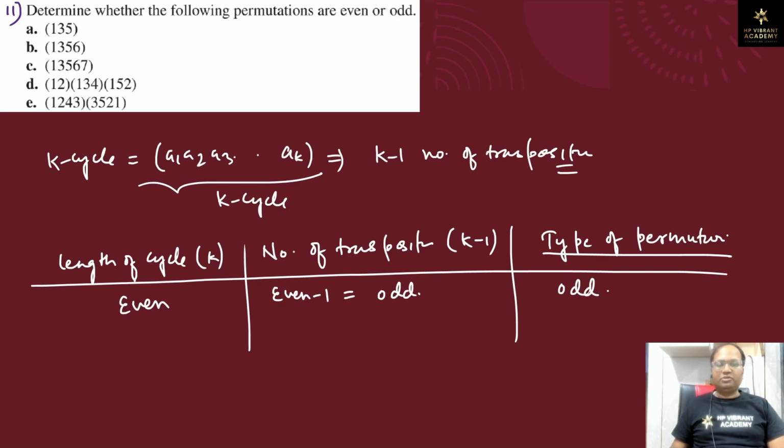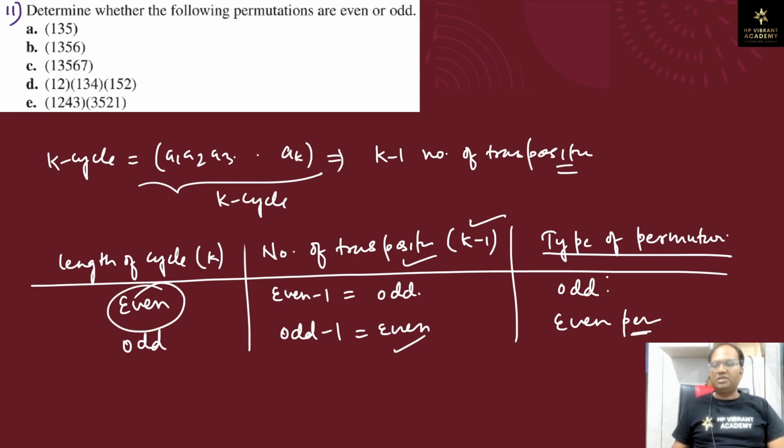Now if the length of the cycle is odd, then the number of transpositions is K minus 1, odd minus 1, which is even, so we have an even permutation. So the relation is: if the length of the cycle is even, it is an odd permutation; if the length of the cycle is odd, it is an even permutation.